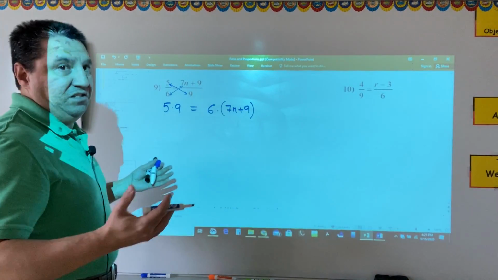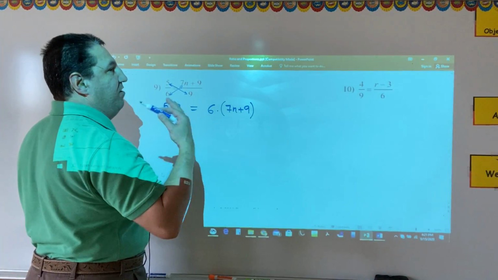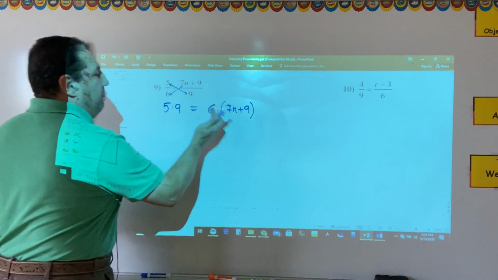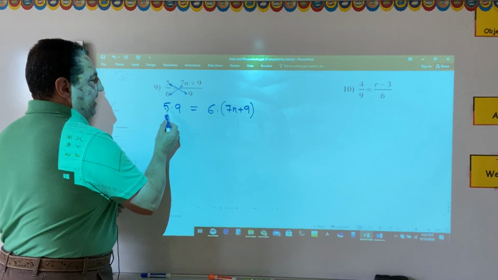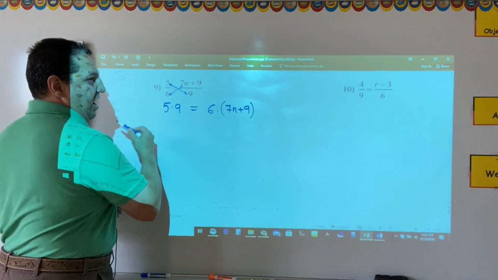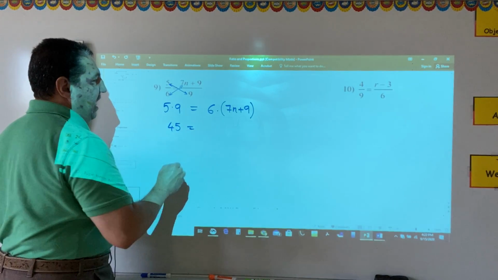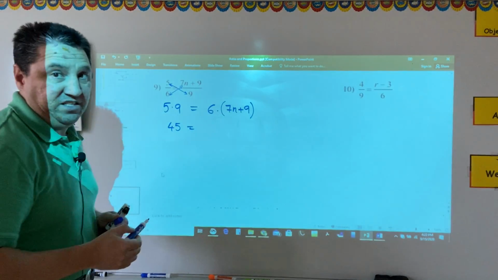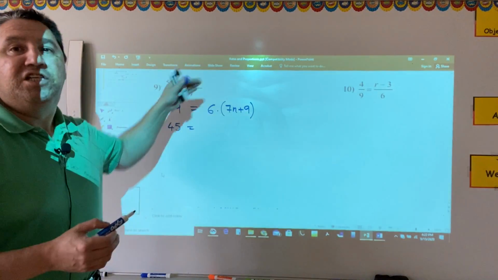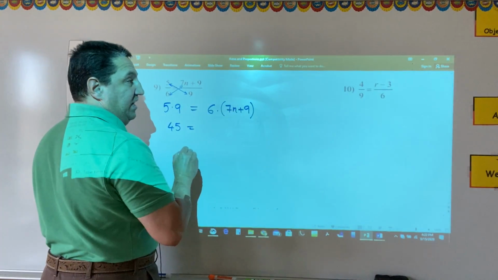Then we start solving for n. But before solving for n, we have to simplify both sides. So first we find the product of 5 and 9, which is 45, good, equals. Now, on the right side, we have to get rid of parentheses. How? By using the distributive property of multiplication over addition.